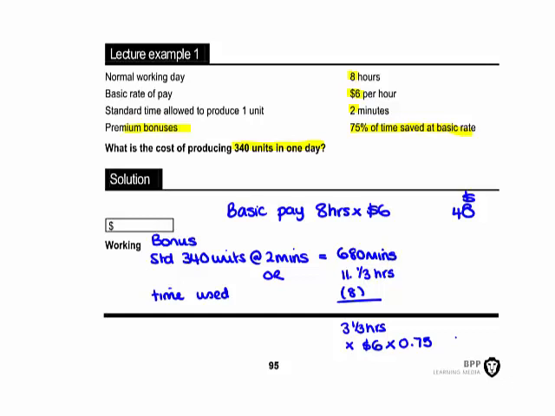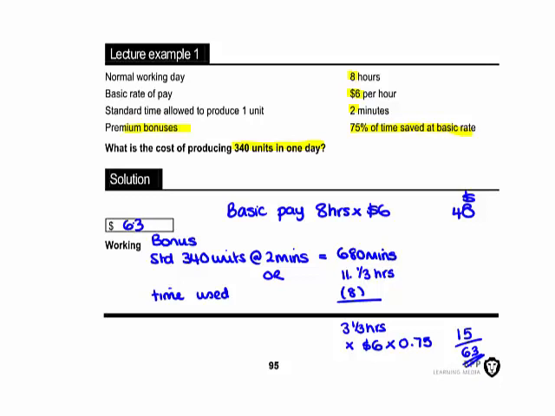So 3 1/3 multiplied by 6 multiplied by 0.75 means that they're going to get a bonus of $15. Add that onto their $48 of basic pay, and the cost is $63. That's what the employee is going to get paid.